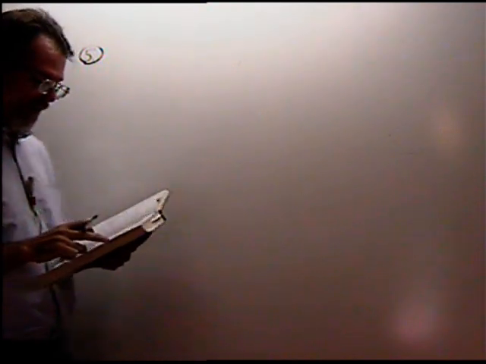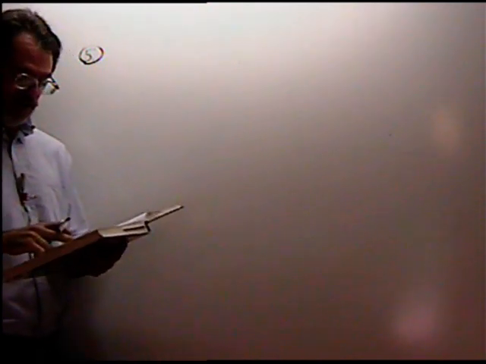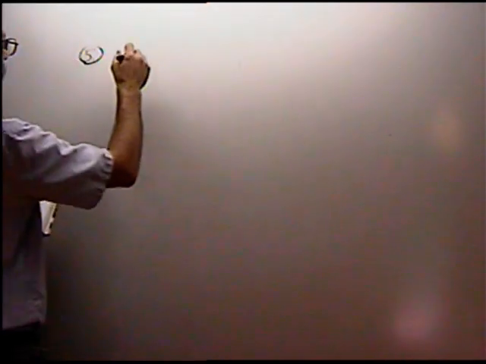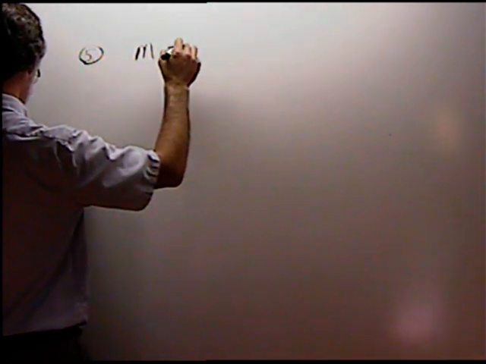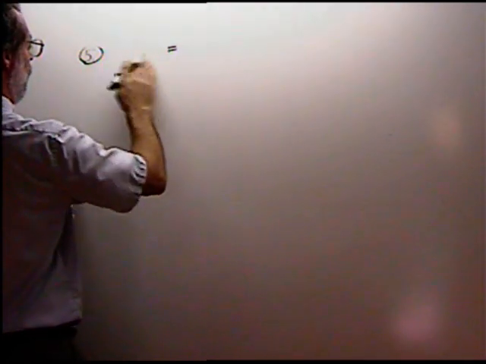Okay, number 5. A box of cargo bound for space exploration weighs 1,234 pounds on Earth. What will be the weight on the Moon? The acceleration of gravity on the Moon is 5.3 feet per second squared. Okay, this is a good question. We don't know the mass, we know the weight.